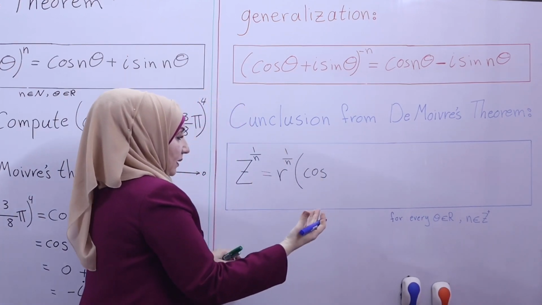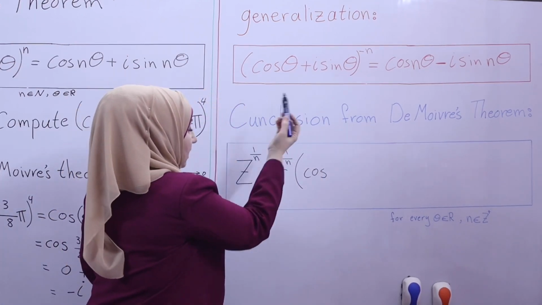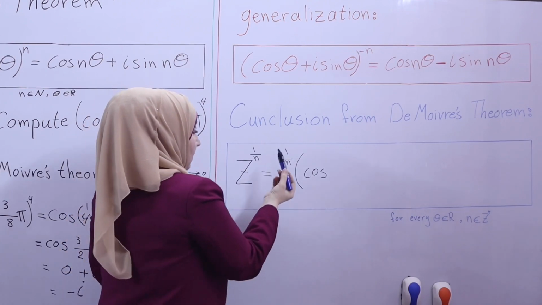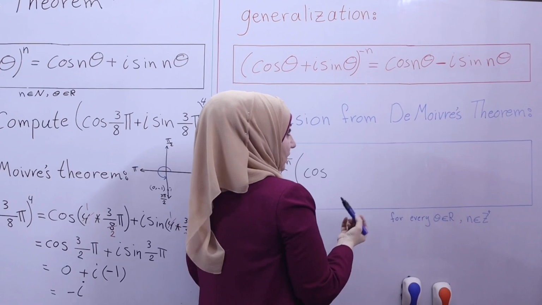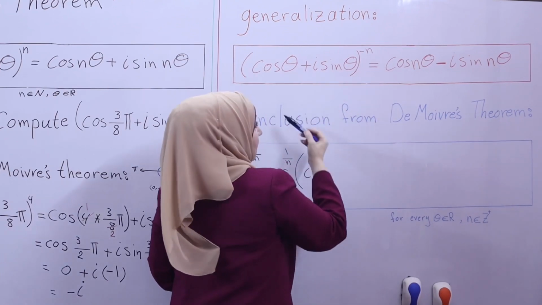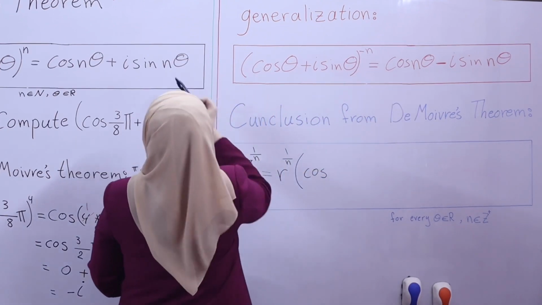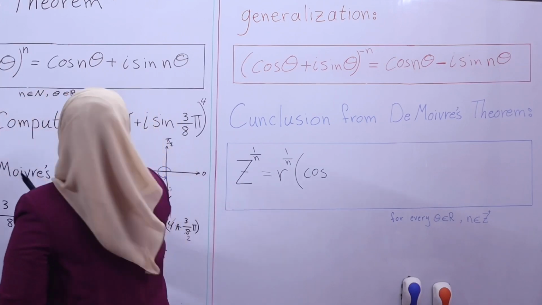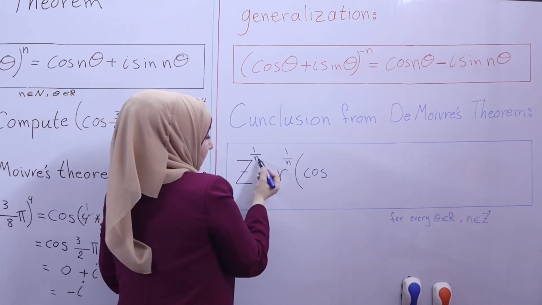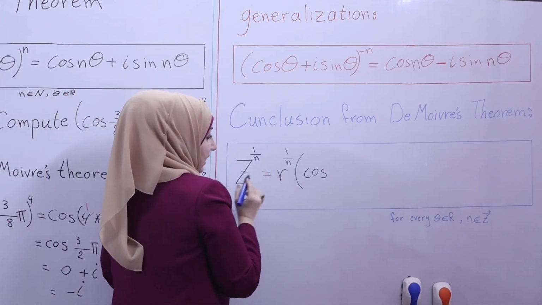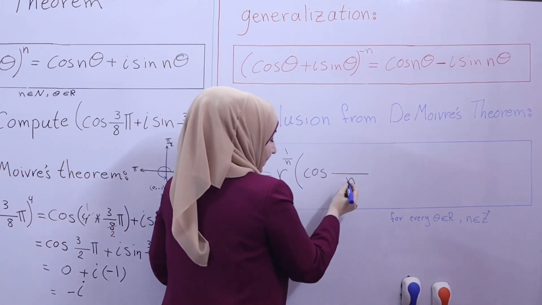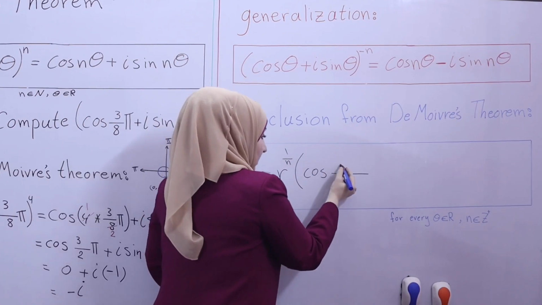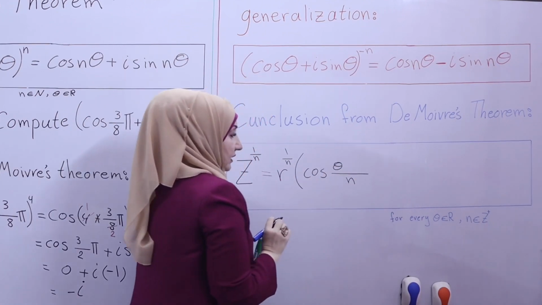كنا قبل يعني بالمبرهنة والتعميم نوزع القوة تمام، نضربها بالزوايا. Here also القوة ضربناها بالزوايا. هنا نفس الحالة، لكن هنا عندي القوة 1 على n، يعني راح اكتب ال n صار بالمقام، 1 على n في ثيتا، راح يصير ثيتا على n.